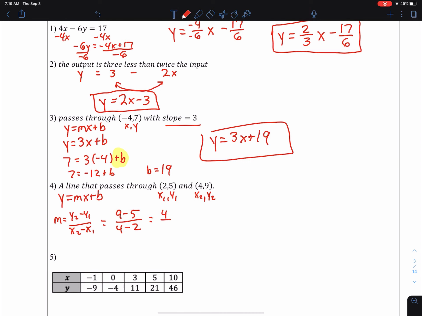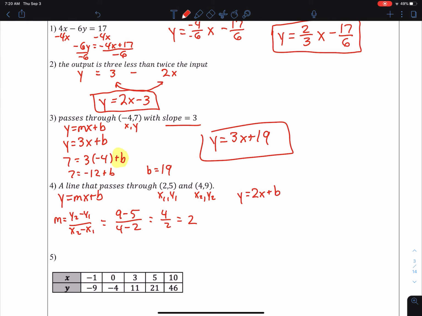You would get 4 over 2, which is 2. So I know my slope is 2. So it'll be 2x plus b. We have 3 variables in this equation. That's not going to help us solve anything. So let's do what we can to get it down to one unknown number.